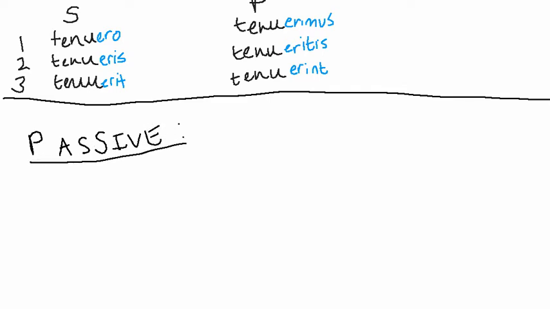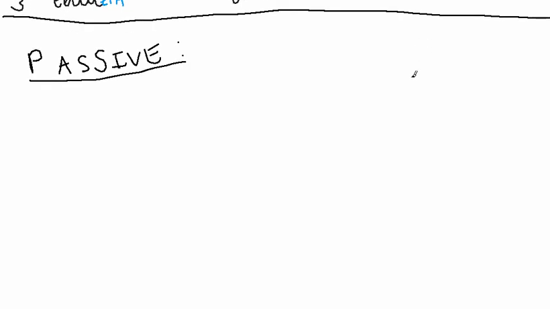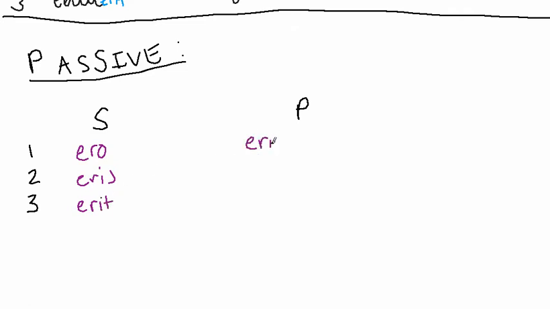Okay, and making my chart. And it's a minor difference, but I think doing the entire thing over just makes it stick more in your mind. So it's ero, eris, erit, erimus, eritus, and erunt. That's the difference.